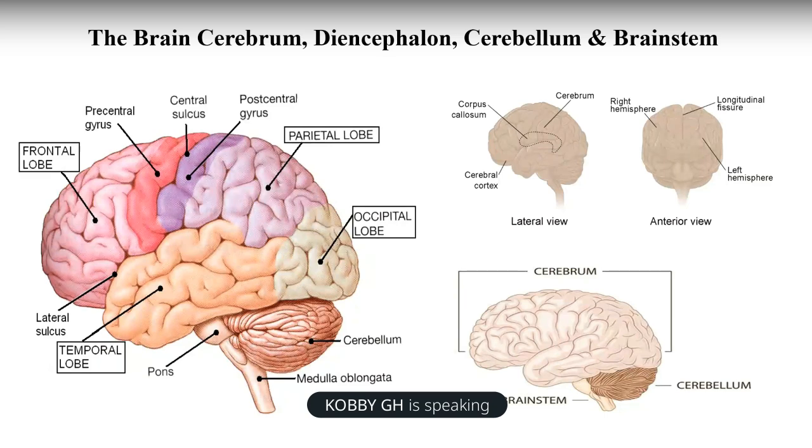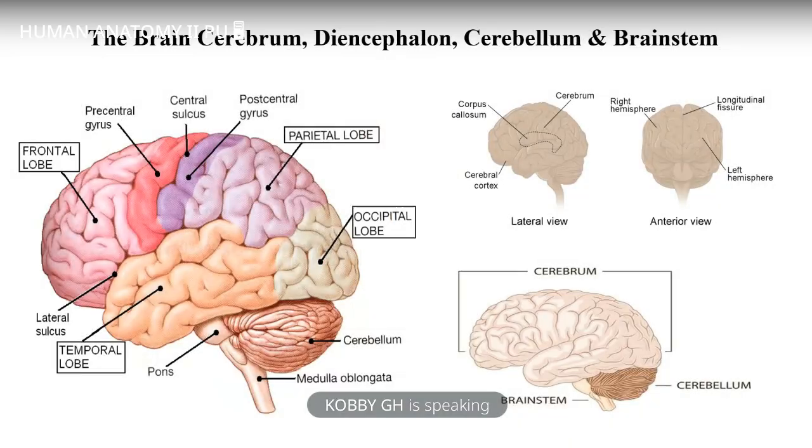If you are reading a textbook and you see telencephalon, it's the same as the cerebrum. Is that okay? Good. So the main parts of the brain are the cerebrum, the brain stem, and the cerebellum.